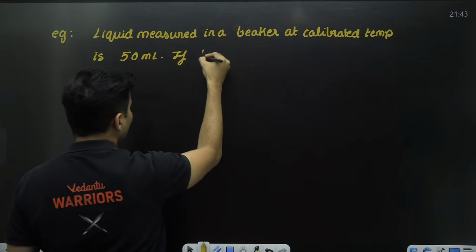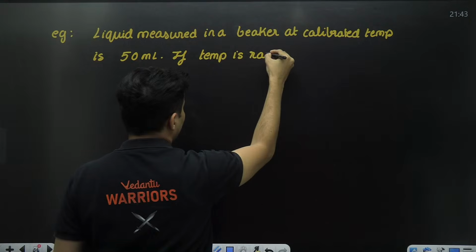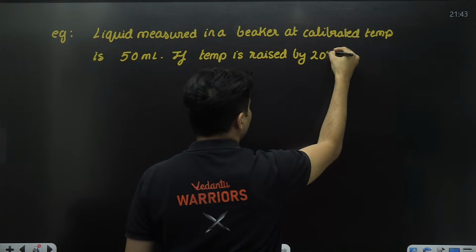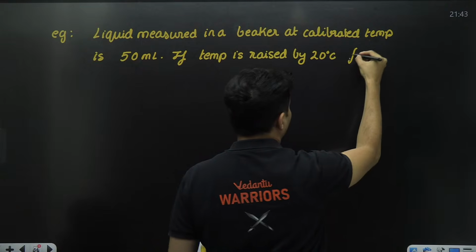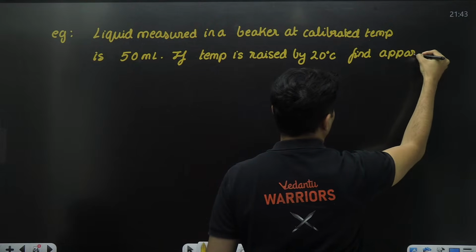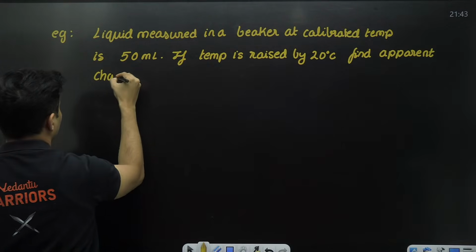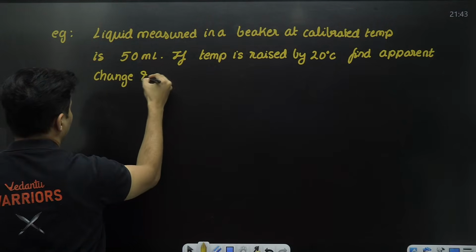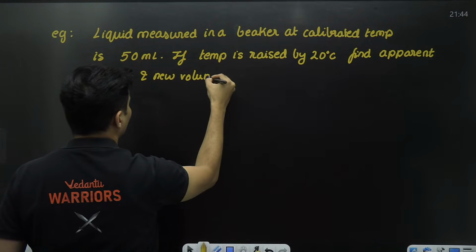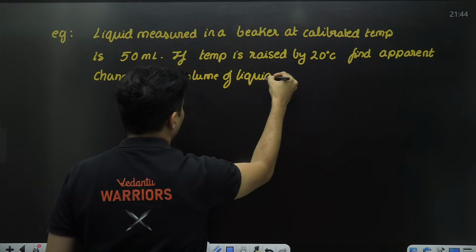If the temperature is raised by 20 degrees Celsius, find the apparent change and the new volume of the liquid.